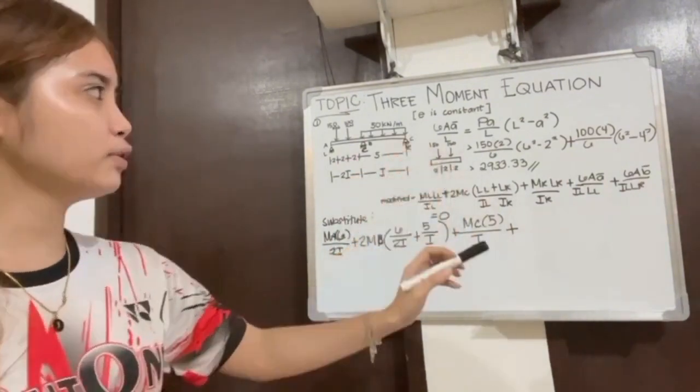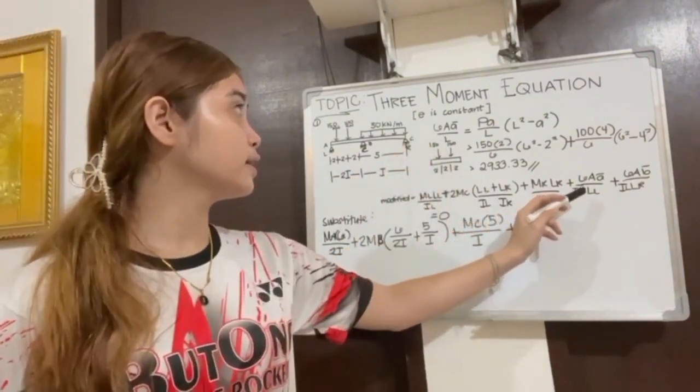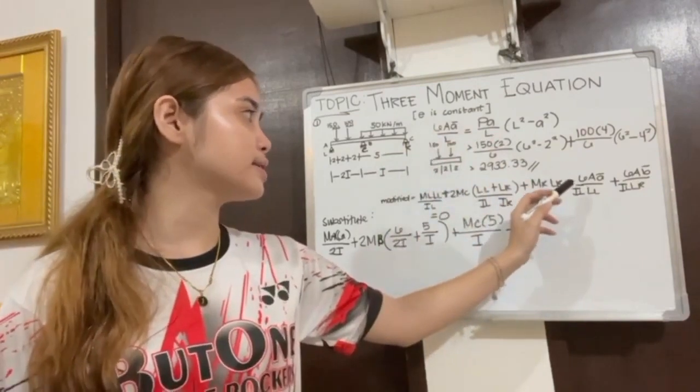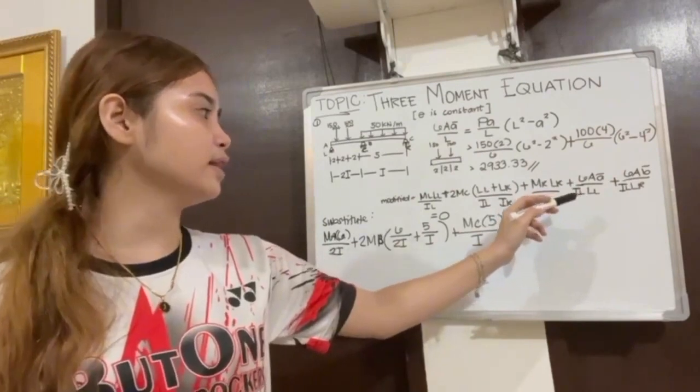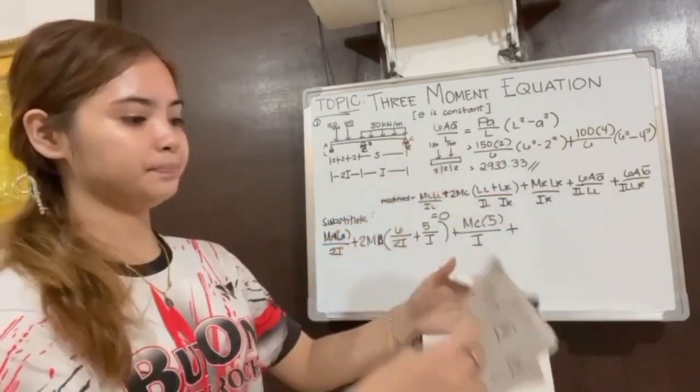So mao to akong giingon ganina nga ang kani, the 3-moment equation which is the 6A bar A over IL times the length of the left, mao ni siya.